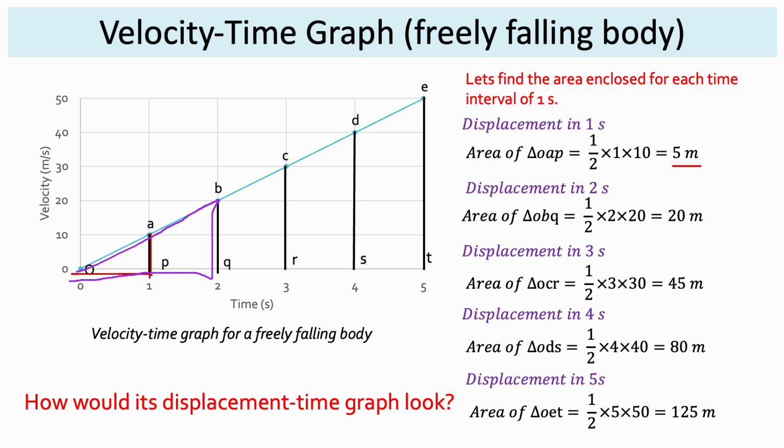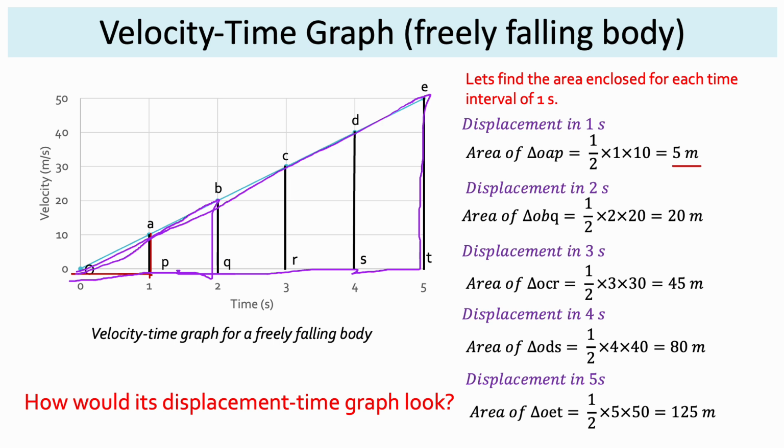See this triangle OET. So half, base is 5 minus 0, that is 5, and altitude is 50 minus 0, which is 50. So I will get area as 125 meters.